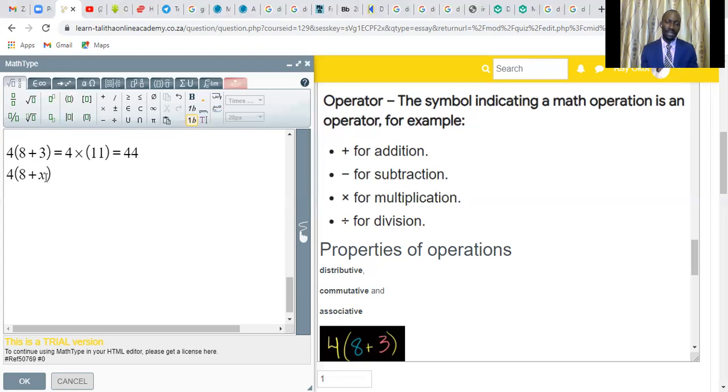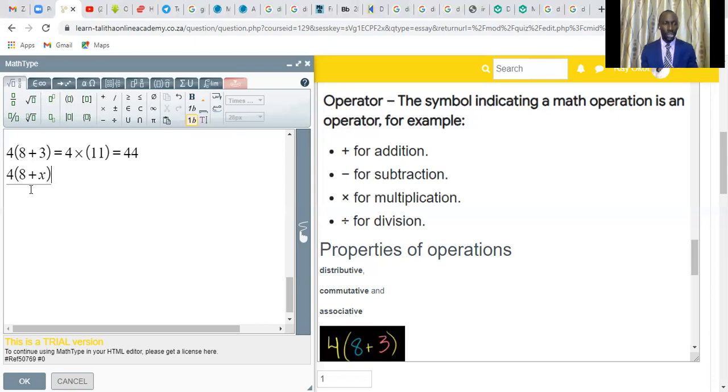Not only that, if 8 is also represented by some other letter, there is no way we can add x to 8 and get a single value right away from this expression. So how do we handle this type?